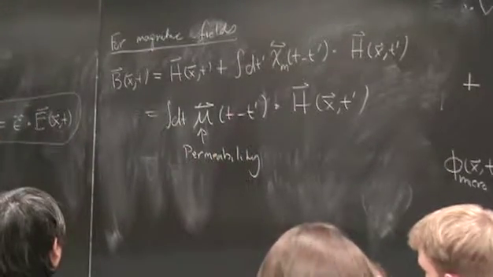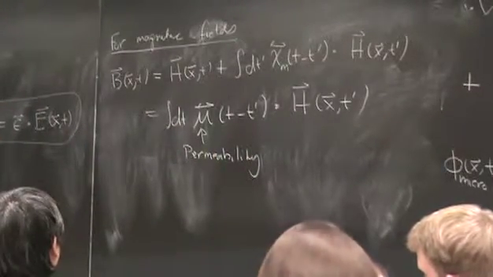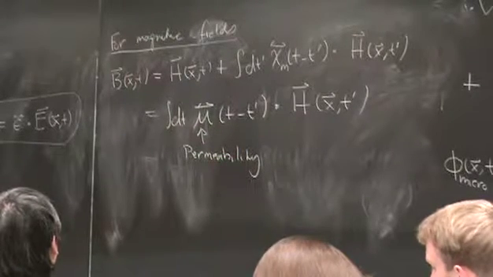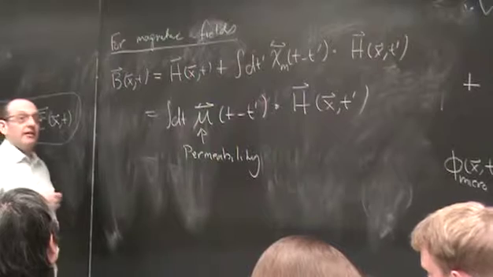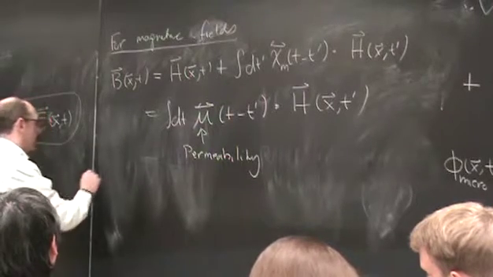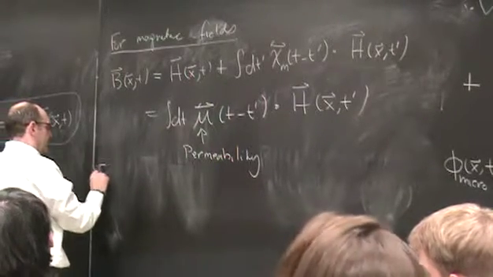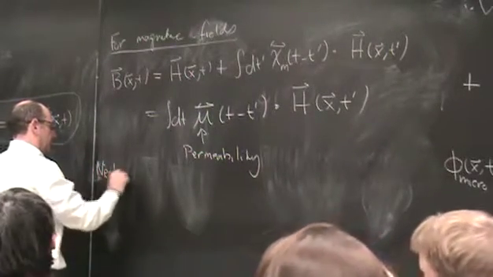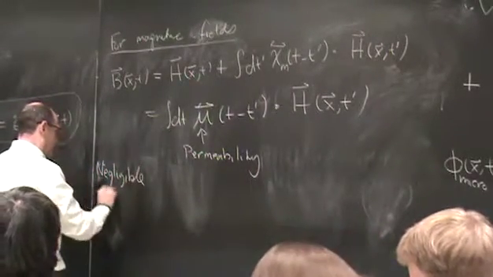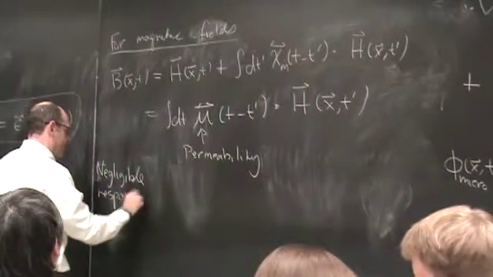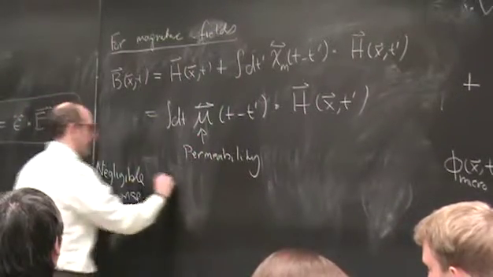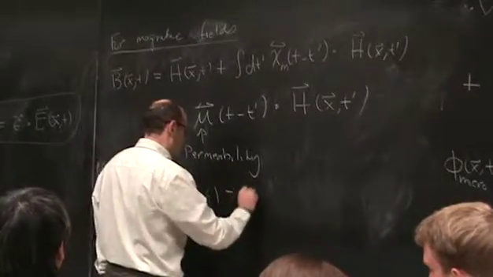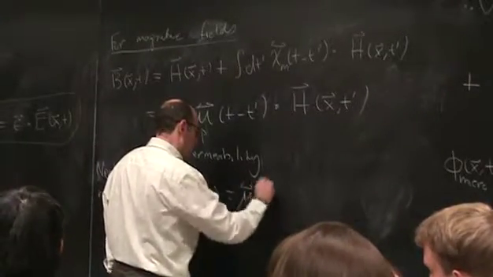Mu naught is the permeability of free space, which of course is 1. And if I have negligible response time, then B is mu H.